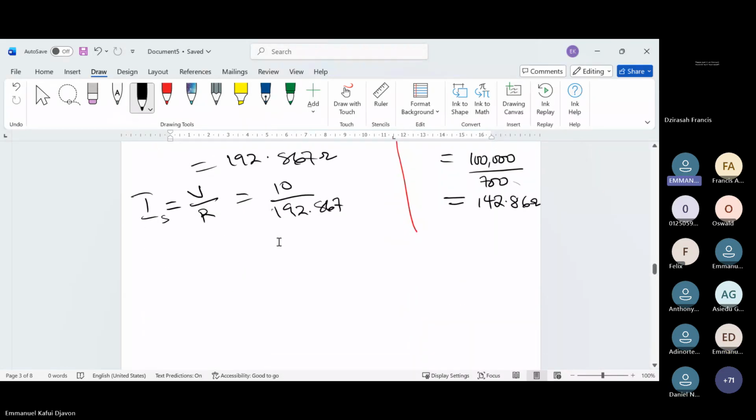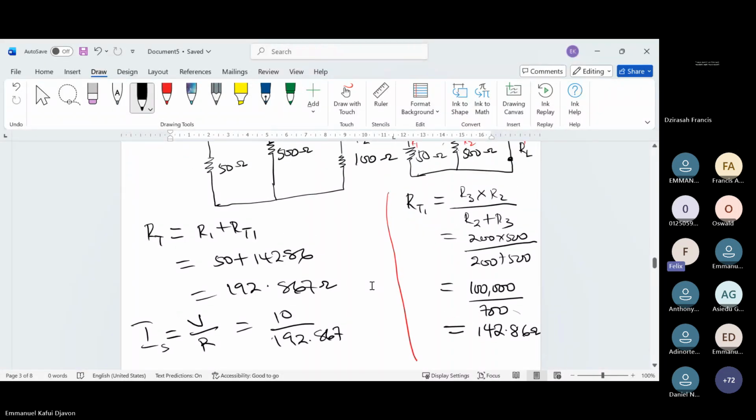Sir, please, before you go, scroll it up. I want to bring up something. When we go to the number, you got 142.86. I did 100,000 over 700, it's not plus 100,000.